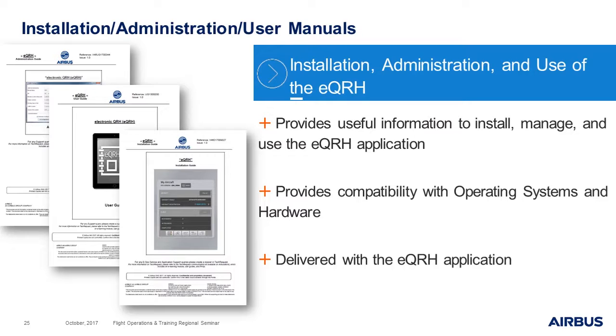For example, the Installation Guide provides you with the eQRH hardware and operating systems compatibility. You can also find in the Administration Guide all the information that enables you to use ADOC or FODM to customize the eQRH to fit your specific context of operations.